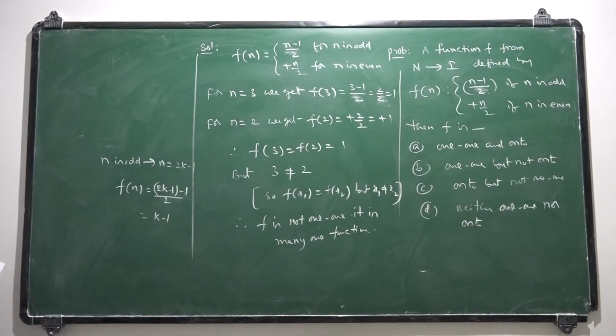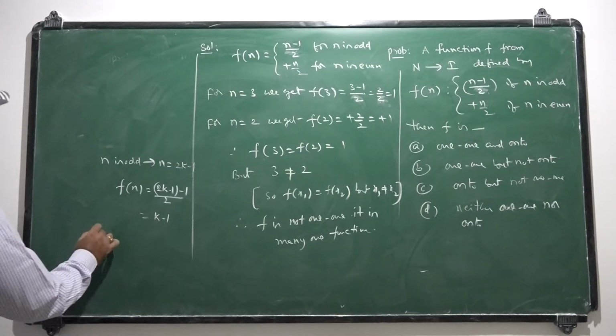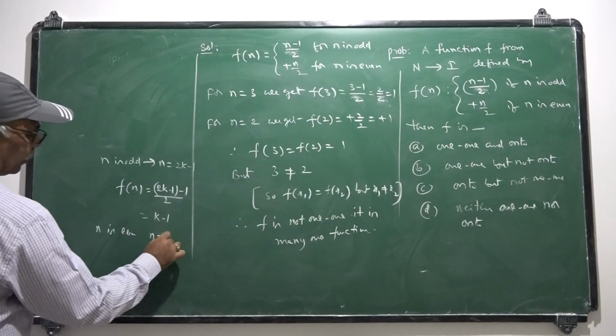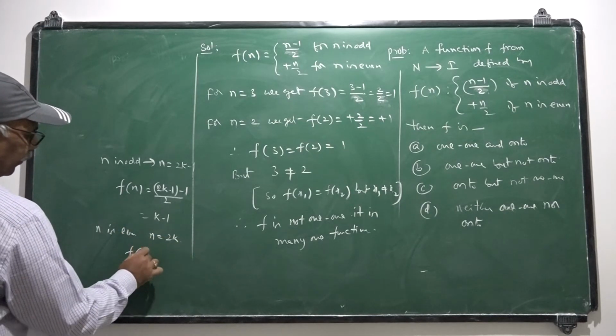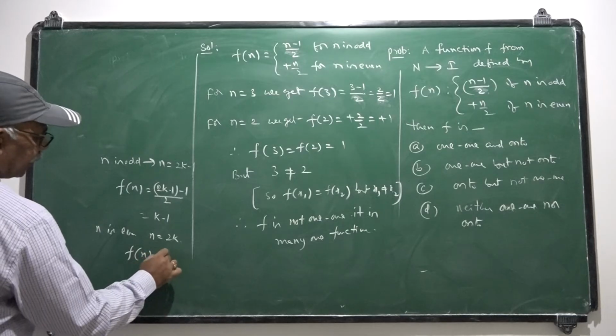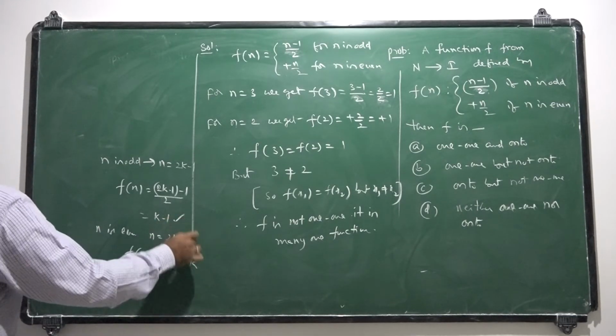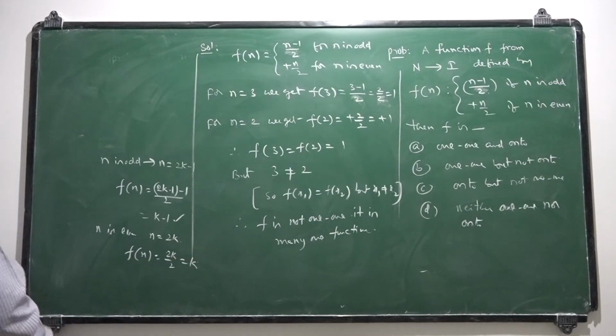Whereas if n is even, n equal to 2k, f of n in such case is 2k by 2, that is k itself.